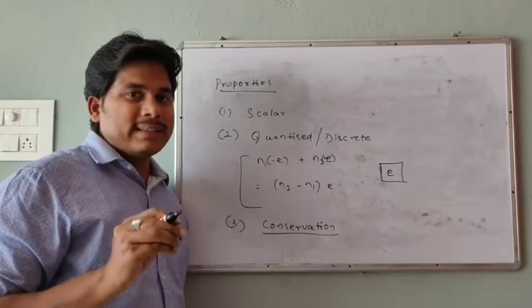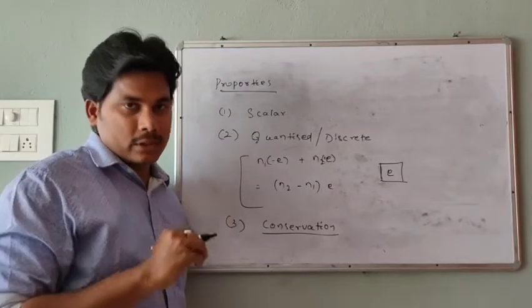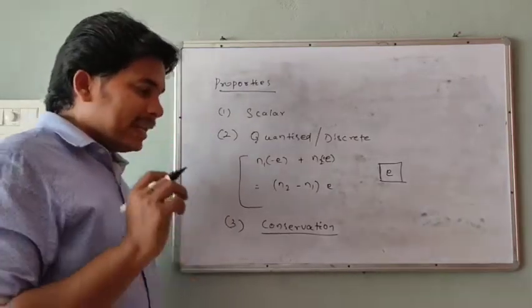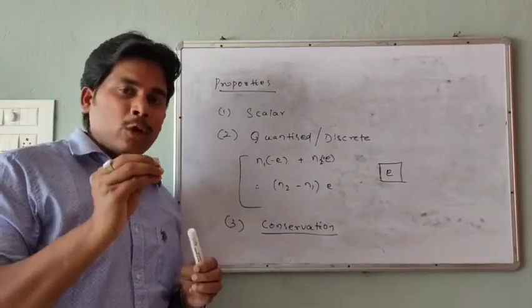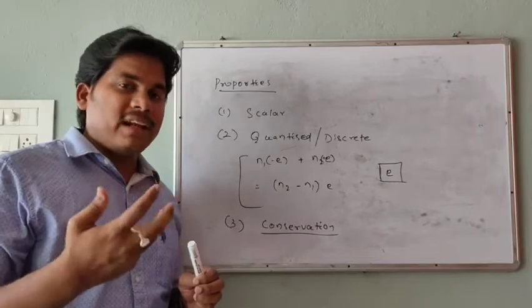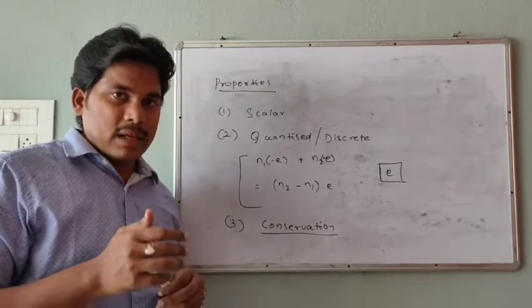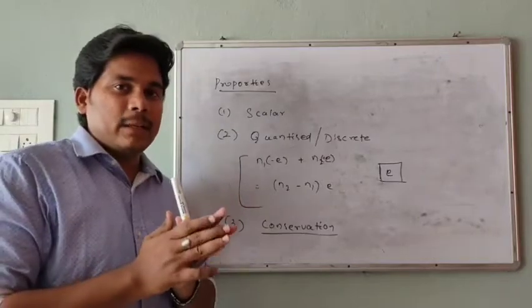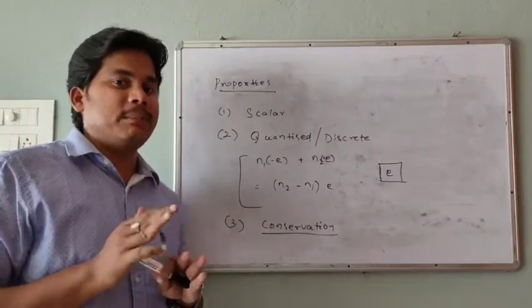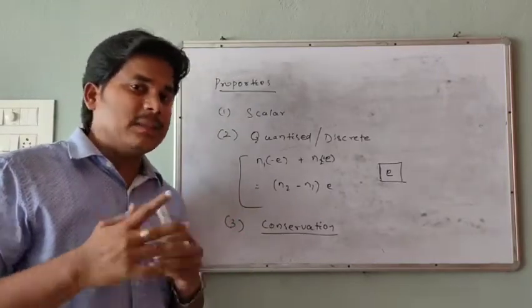The net charge is always constant. In a beta decay, what will happen? The neutron becomes a proton, and an electron is released. Here the charged particles are created, but the net charge stays zero.